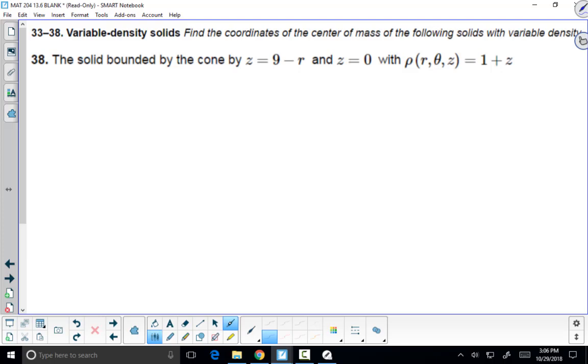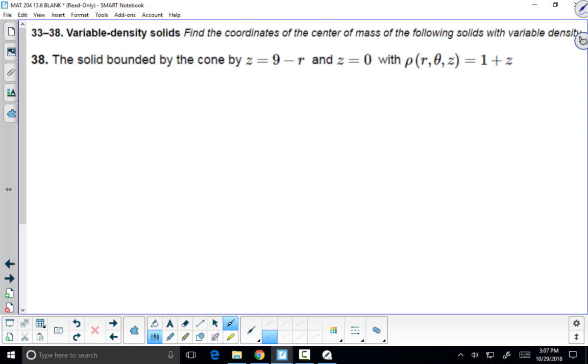And then the further away you get from the origin, the closer you are to the xy plane, the smaller your z value is. What does r have to be in order to get a z value of 0? r is 9. So we have a cone that's at 45 degrees. So the height will be 9, the radius will be 9.